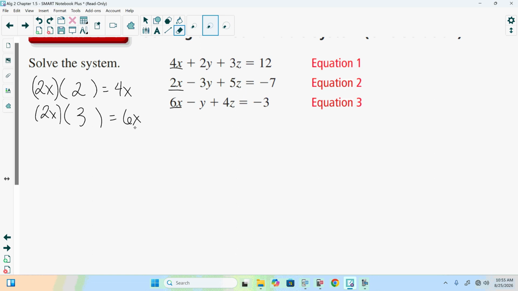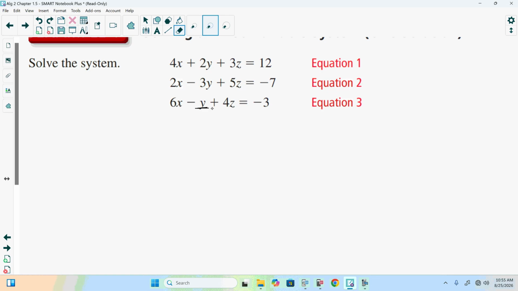Let's look at y. Always start with the smallest. We want to go up. We do not want to go down. I don't want to try to turn 3y into 1y, because to do that, we have to divide. If we look at 3y, the other terms are 2 and 5. 2 and 5 don't divide by 3 nicely. Let's multiply. Let's not divide.